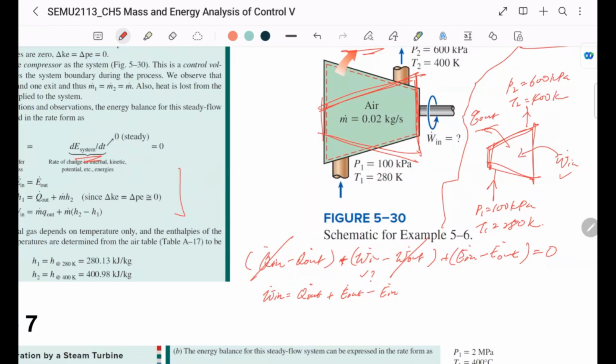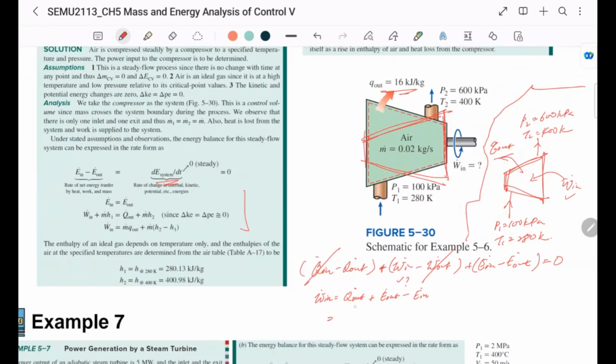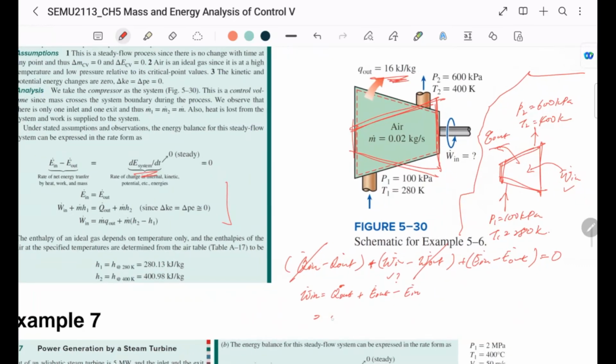Q out is basically the rate of heat transfer. Here, the question gives us in specific terms, so therefore we have to multiply with the mass. We'll get this Q dot out.